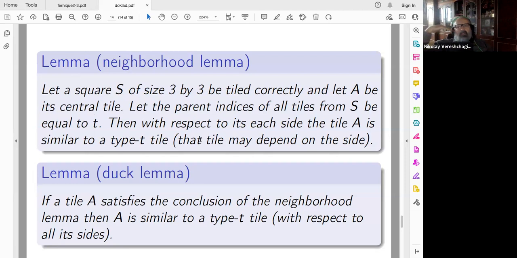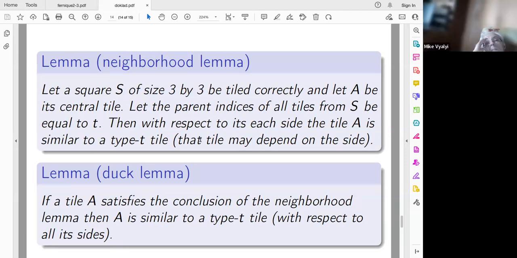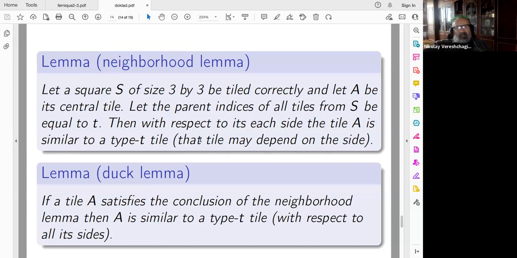So, with respect to the upper side, it's similar to one tile of type T. So, assuming that our tile is surrounded by tiles of differential index T, we can deduce that it is similar in a relaxed way with respect to each side to a certain type T tile.